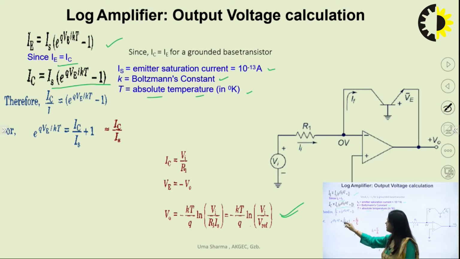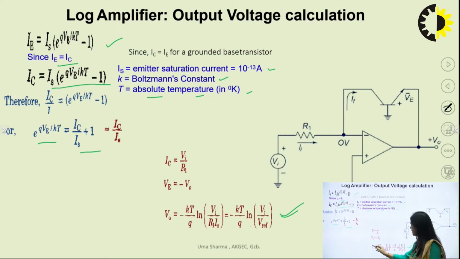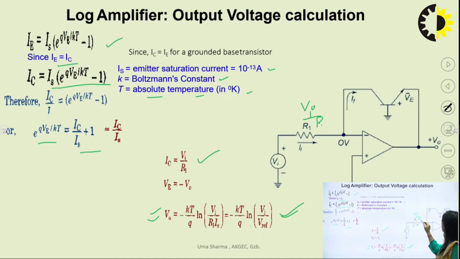if I take the log on both sides, we can calculate the value of V output just by replacing the IC by VI by R1. You know that this is equal to VI by R1, we have calculated in the previous slide, and VE, you can see from the diagram, is equal to minus of V output.